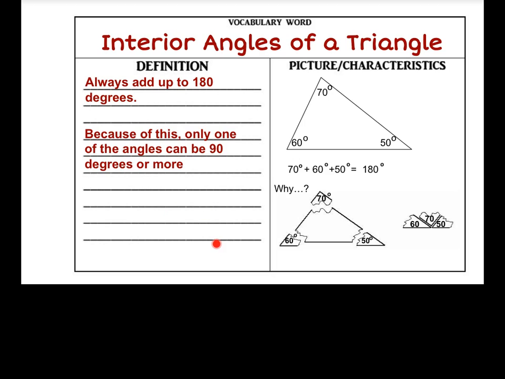If you had another 90, then it would be 90 plus 90, which would already be your 180, and you can't have that because you're still missing another angle. So just remember that you can only have one angle that is 90 degrees or more. The other ones would have to be less than 90. Go ahead and stop the video here and write your notes.